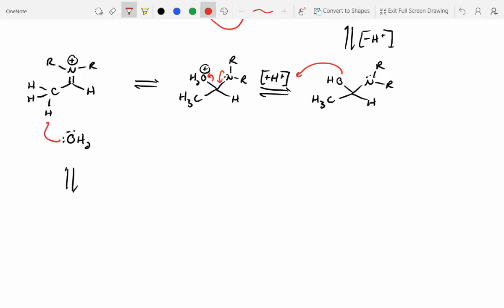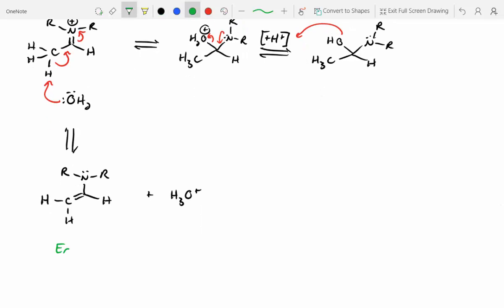And in this case, it's going to grab one of these protons on our alpha carbon, clamp down, and kick up electrons all the way up to that nitrogen so that it doesn't have a formal positive charge anymore. Now this nitrogen's neutral, and we've regenerated our acid catalyst. So this would be considered our enamine.